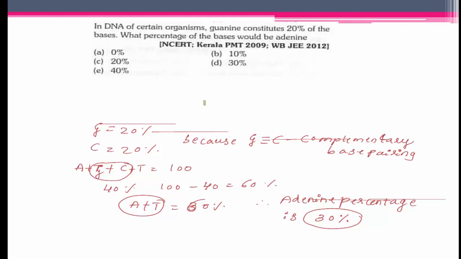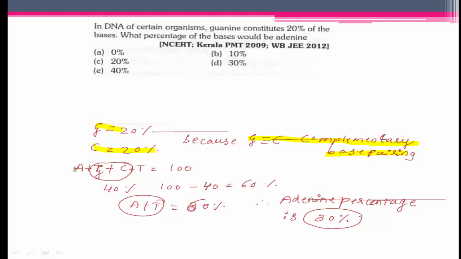Guanine always pairs with cytosine according to complementary base pairing. When guanine is 20%, cytosine is also 20%.